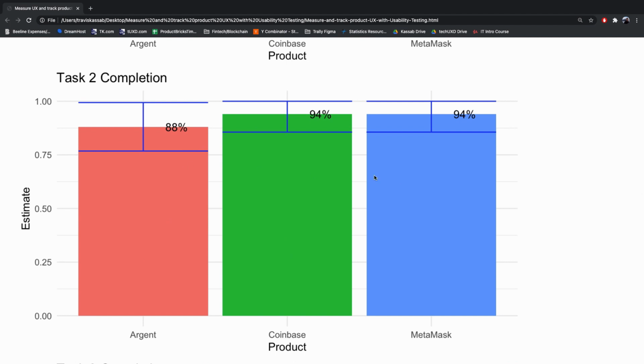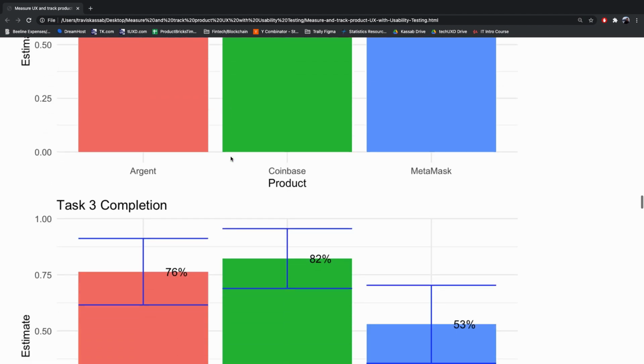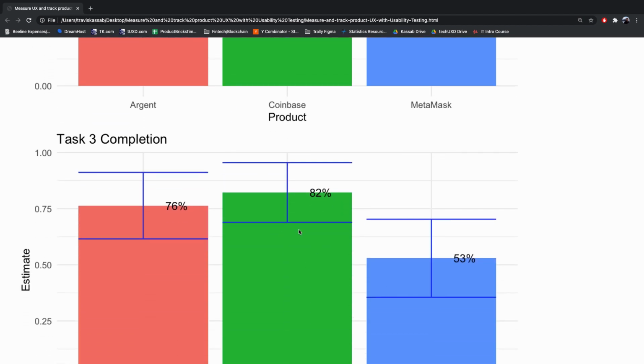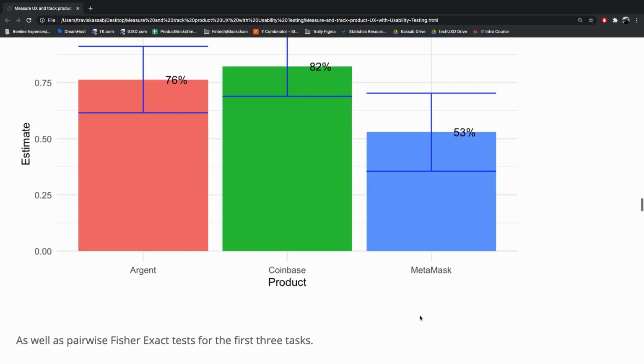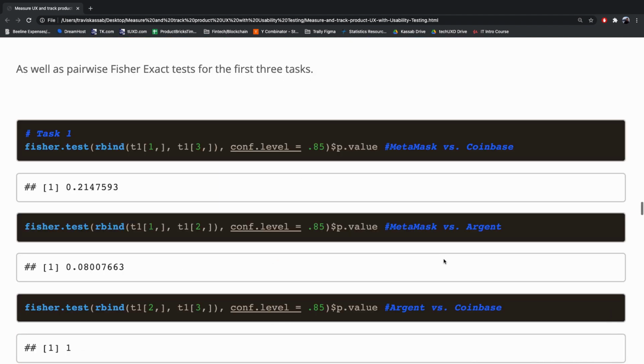Same thing for task 2, not much here at all. If you remember the 3x2 Fisher exact test that we did above for task 2, it had a p-value of 1, which is the highest p-value you can have, which means that there really is not a statistically significant difference between any of the products for this task. In task 3, it looks like there could be some differences between Coinbase and MetaMask.